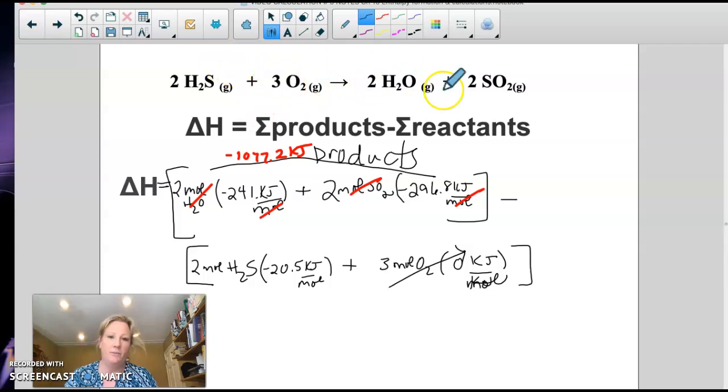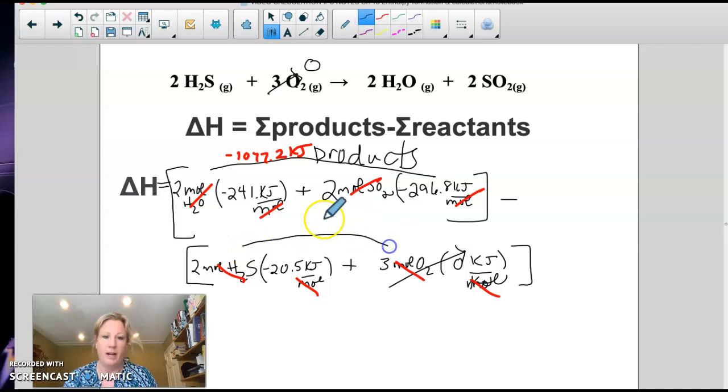In fact, when I do these problems, I just say that one is 0. But it's just to explain it a little better, and if you want to include it, you sure can. Remember, this is the sum of my reactants, and that ends up being negative 41 kilojoules.